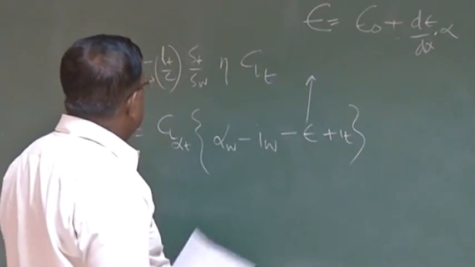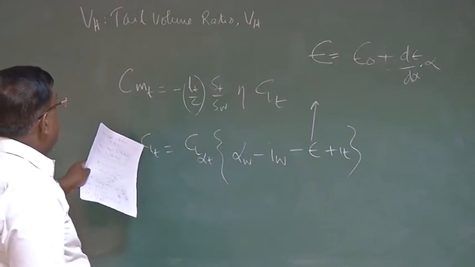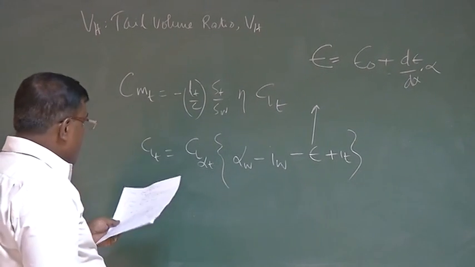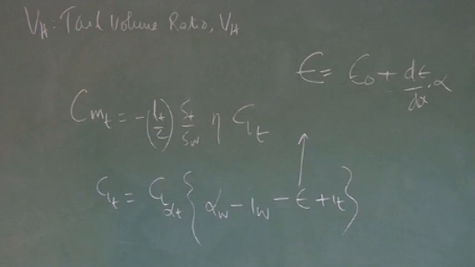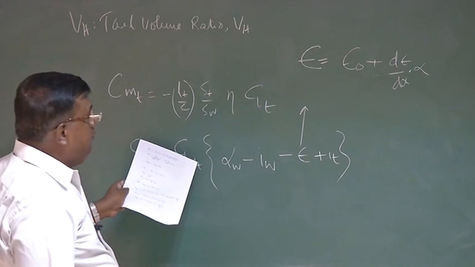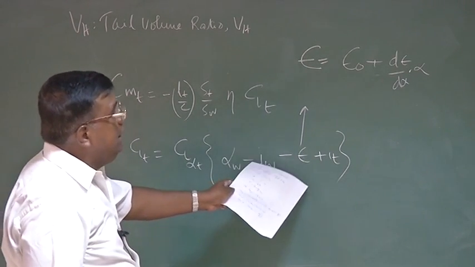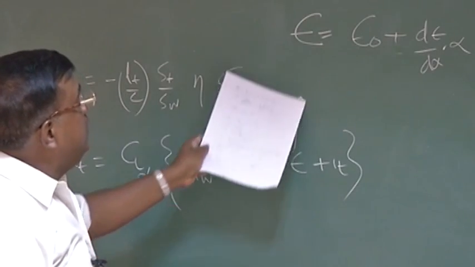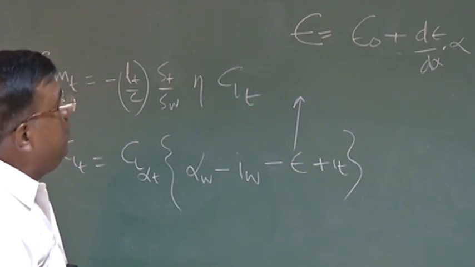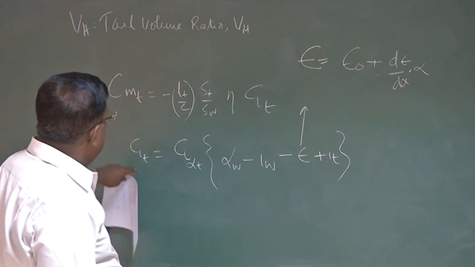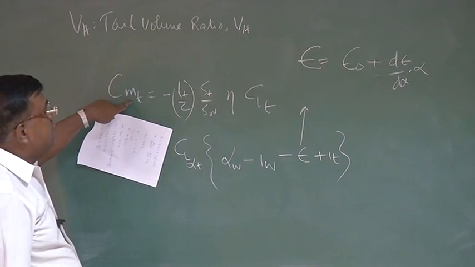So if I substitute here and then resubstitute the CL tail here, I can get an expression which I will write directly here. CL alpha tail into this angle at the tail, and expand epsilon equal to epsilon naught plus d epsilon by d alpha into alpha. Then I put this term in this expression.